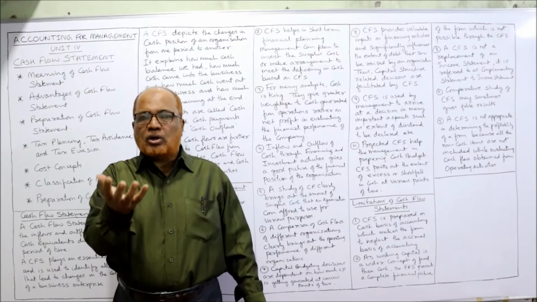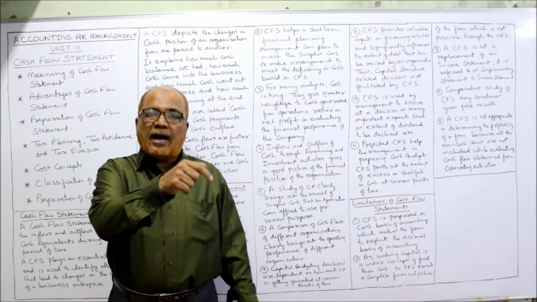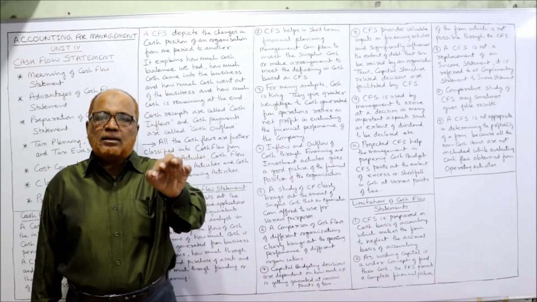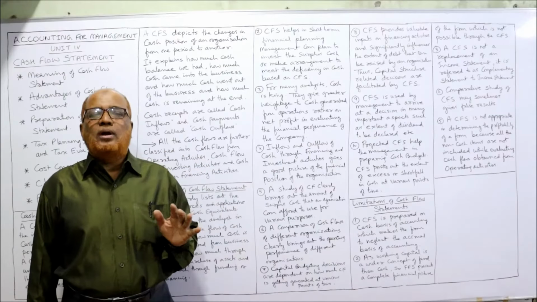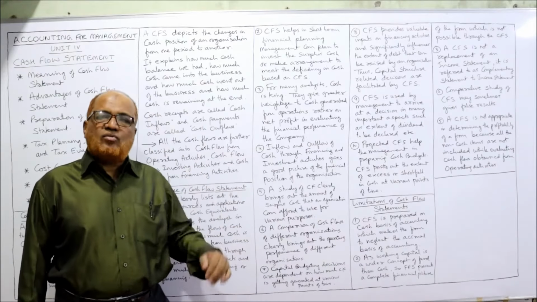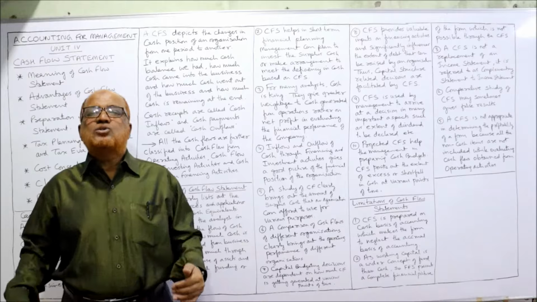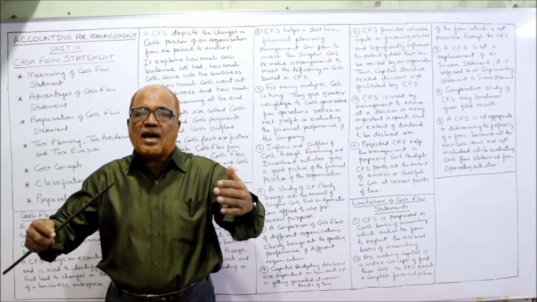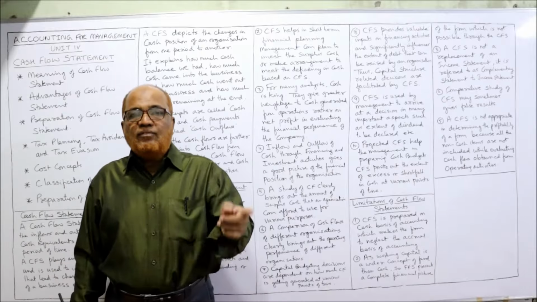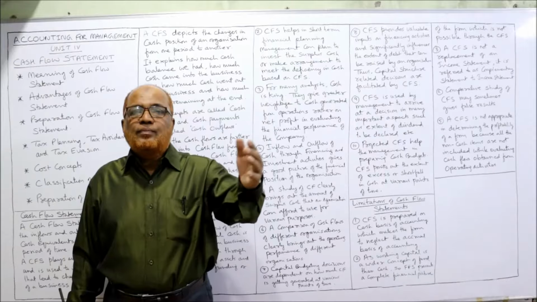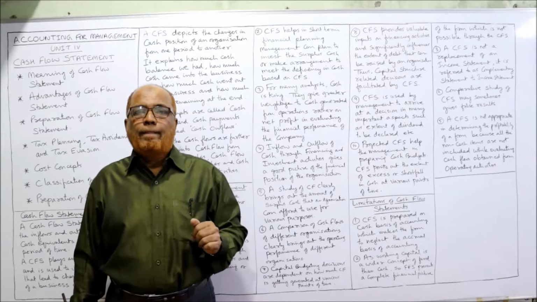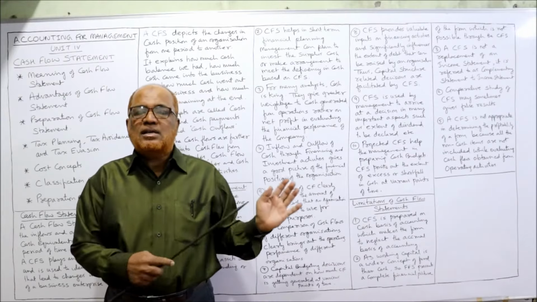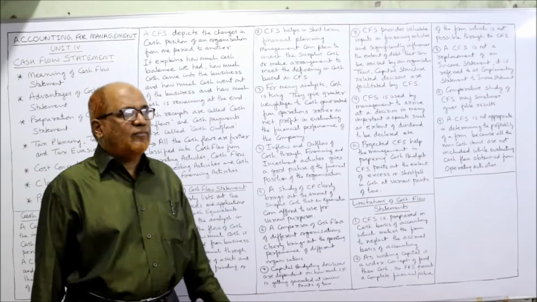There should not be shortage of cash, there should not be idle cash, surplus cash. Whatever cash is required, that much only the business should hold. So this cash flow statement will help the management in financial planning: if there is any surplus cash, it should be invested. If there is any shortage of cash, the cash should be borrowed. So for financial planning, this cash flow analysis is very much helpful.